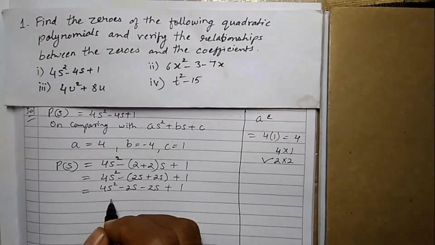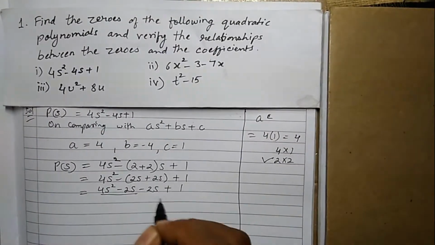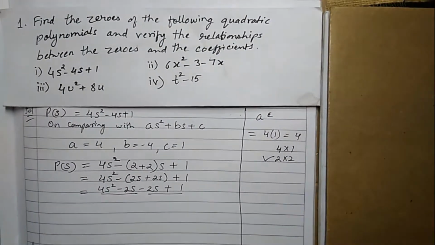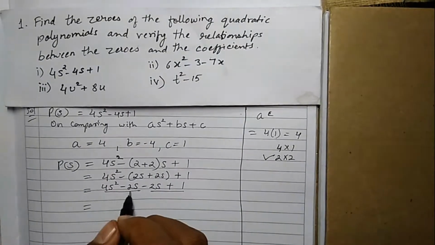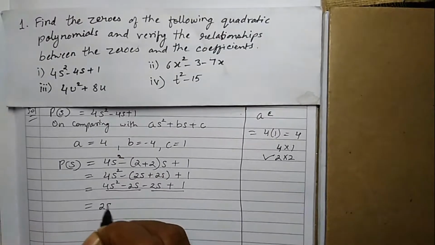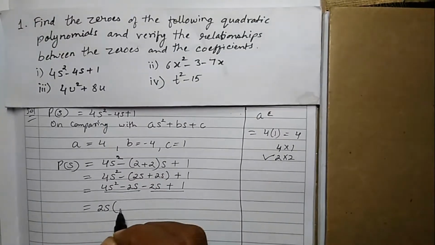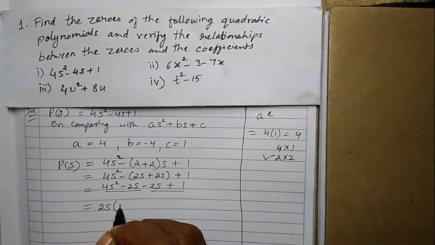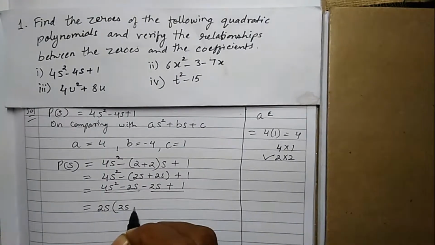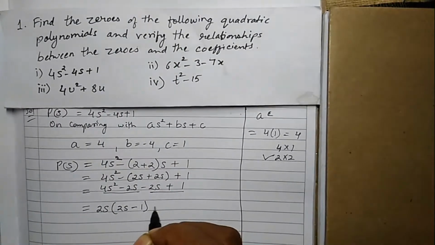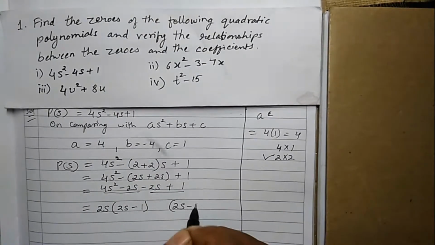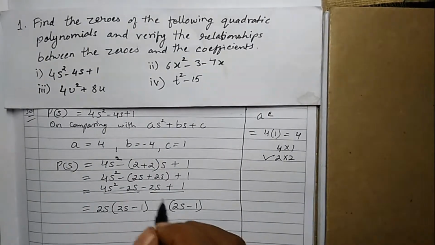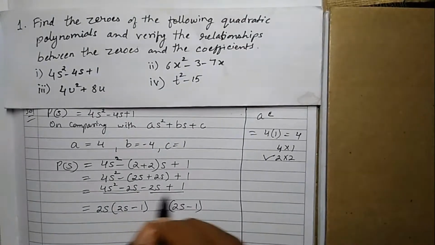Now you have to make the pairs of first two terms and second two terms. On making pairs, you have to take the common value, that is 2s in the first pair, and you will be left with 2s minus 1 in the bracket. Similarly, just write this bracket value here and check which number should be multiplied with the first term so you can get the first term in the pair.